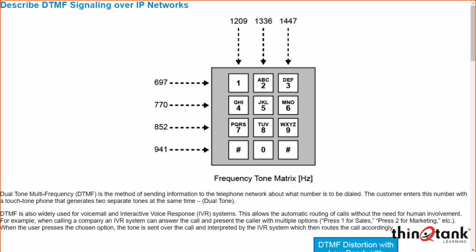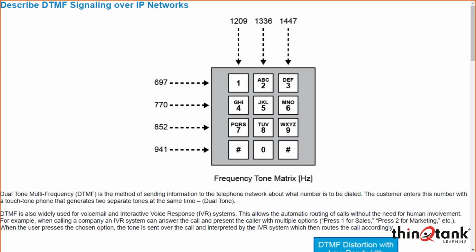The most typical keypads are going to use 4 rows and 3 columns, but some of them will have a 4th column for specific applications. This is your typical keypad that you see here, obviously. Pressing a key in this case sends a combination of that row and column frequencies.